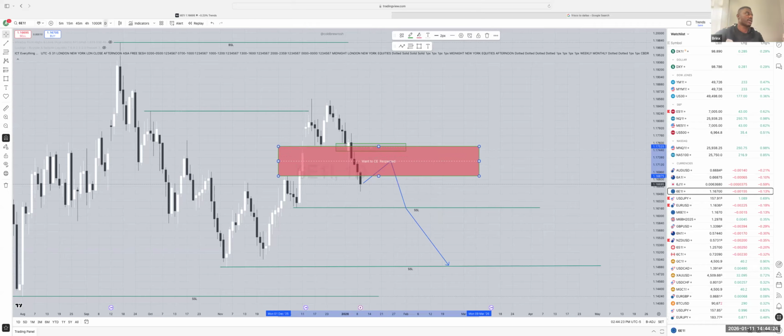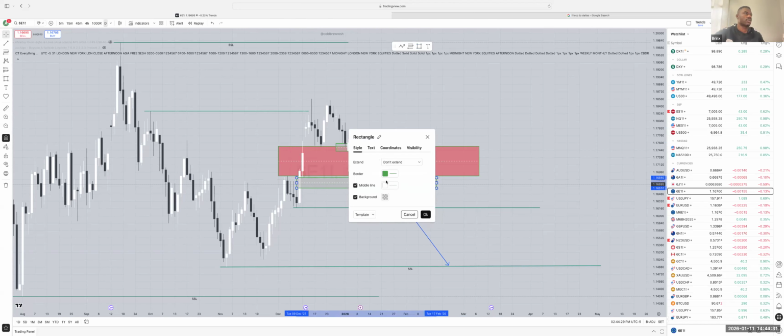And then also this gap, if we're going to be bearish, right, then I'm going to want to see this BISI inverted. So I'm just going to say want to see inverted.